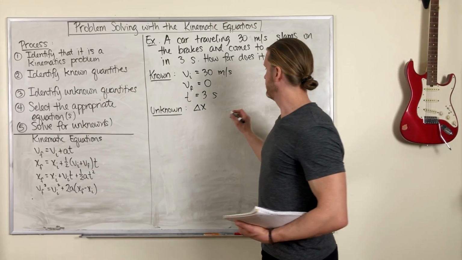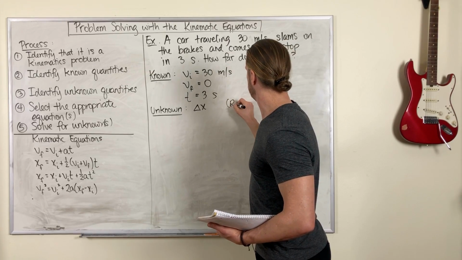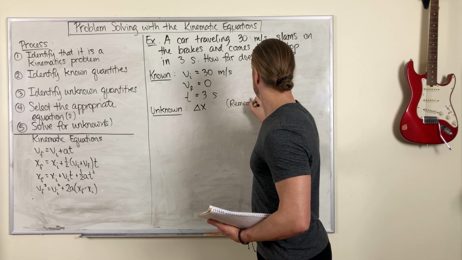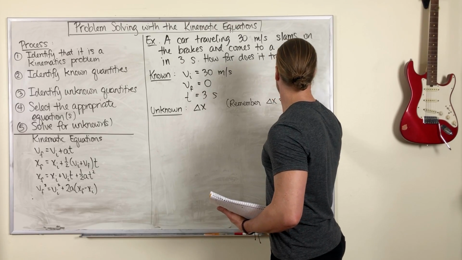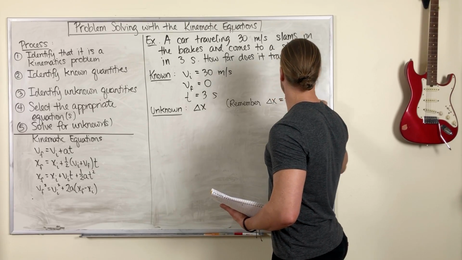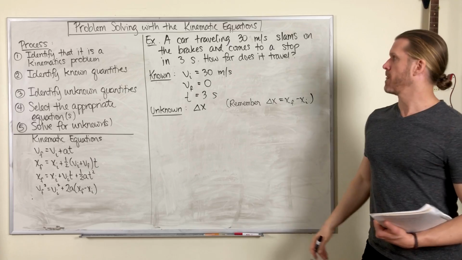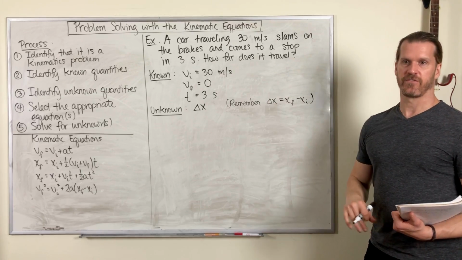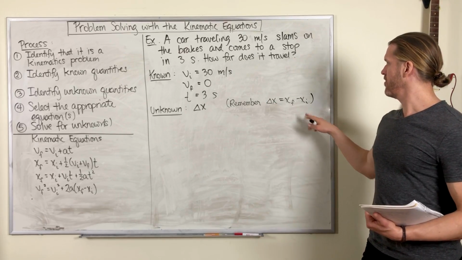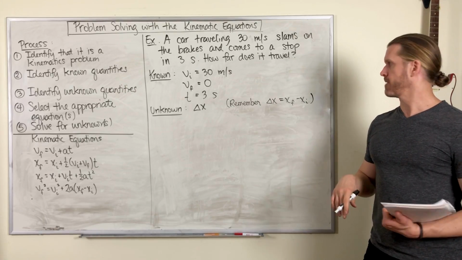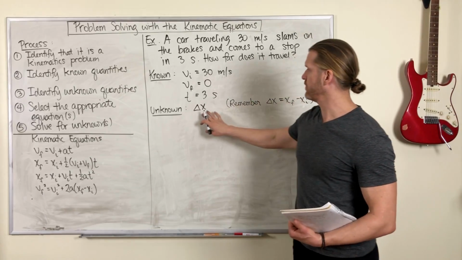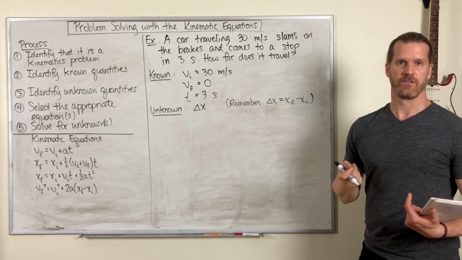And keep in mind that displacement means x final minus x initial. So in a situation like this, we might not know the actual location of x initial, and instead we just figure out how far the object has traveled.